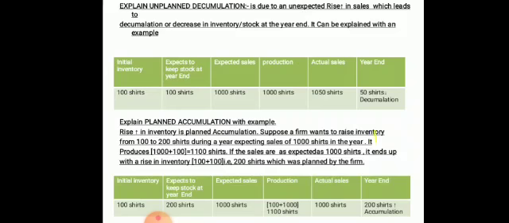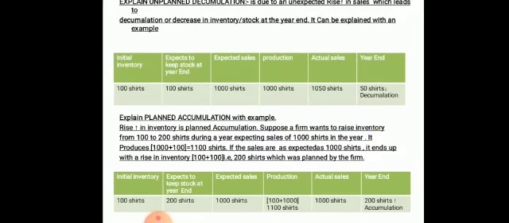So let's see in the chart, you will understand it. Pay attention to the chart. Planned accumulation. Initial inventory is how much? 100 shirts. Starting inventory is 100 shirts of the previous year. Then at the year end, it expects to keep a stock of 200 shirts.